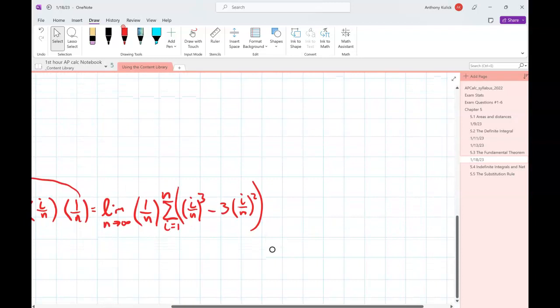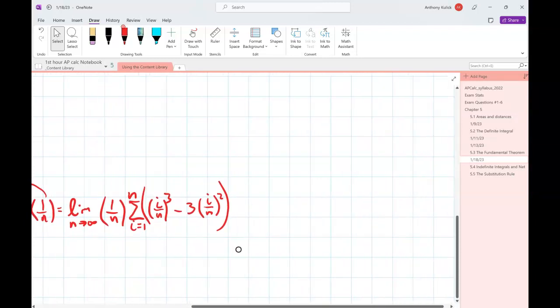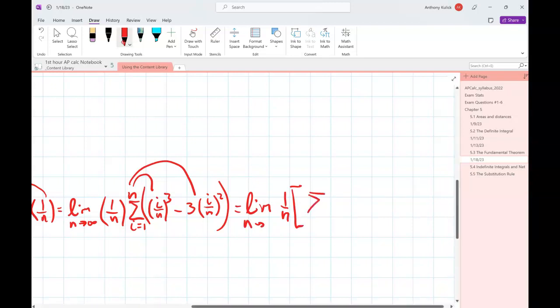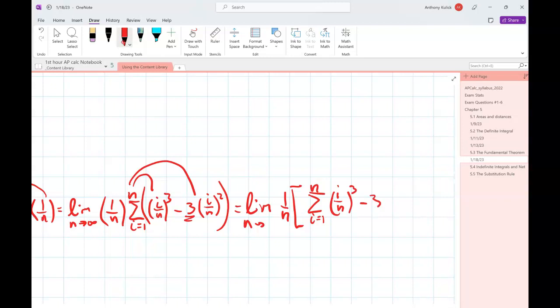So far, so good, Mackenzie? Okay. Now I remember that summations can distribute across the subtraction symbol, so I'm going to do that. And a constant can be pulled out front of that summation, so I'm going to do that also at the same time.